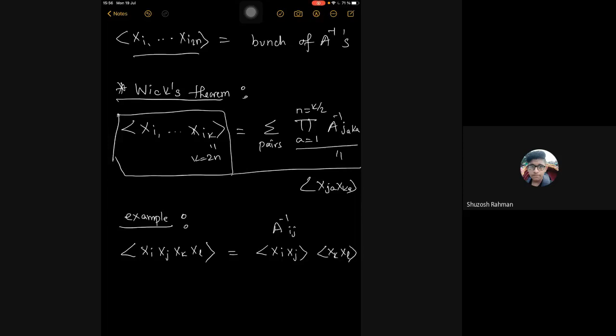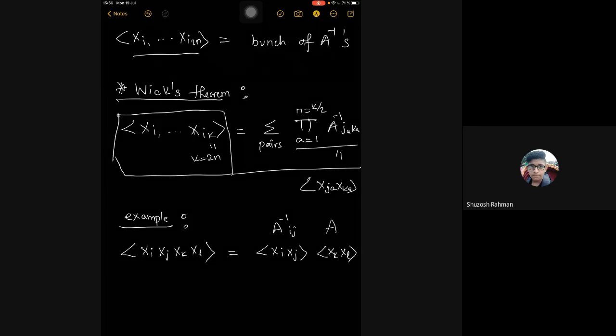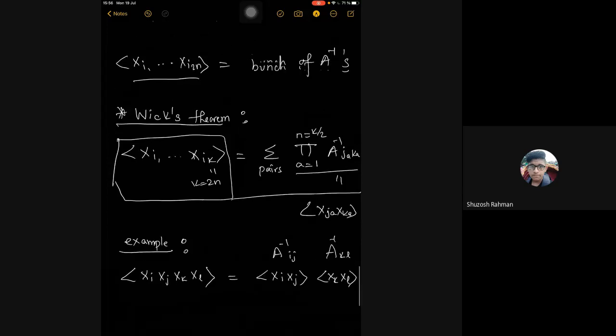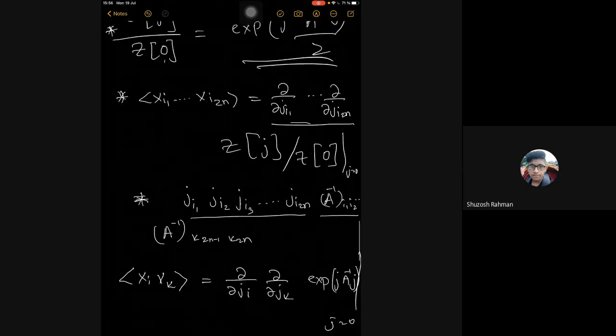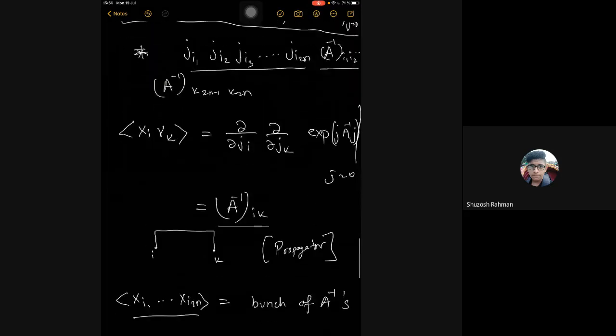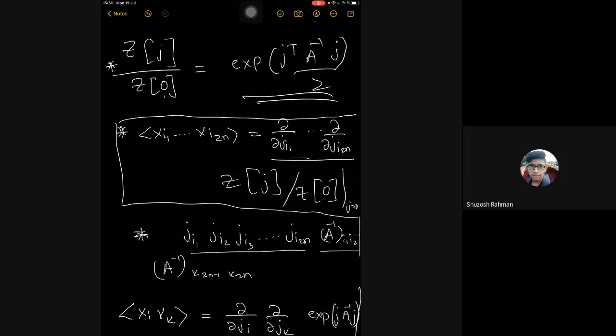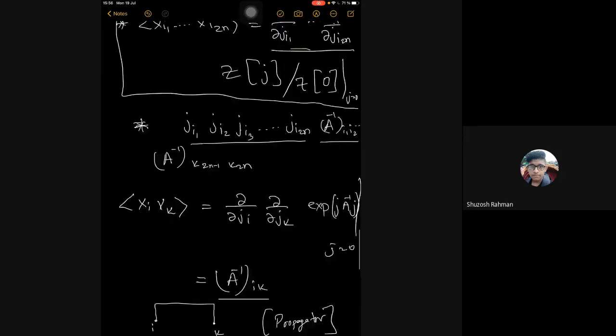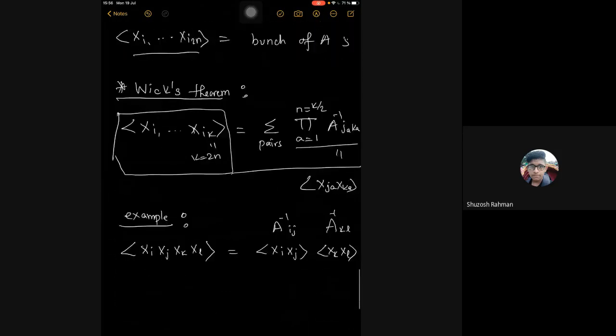You can write it as pairs. If you're confused about what is happening here, just use this relationship, take these derivatives, and you will see we are left with a bunch of A's and they pair up like this.